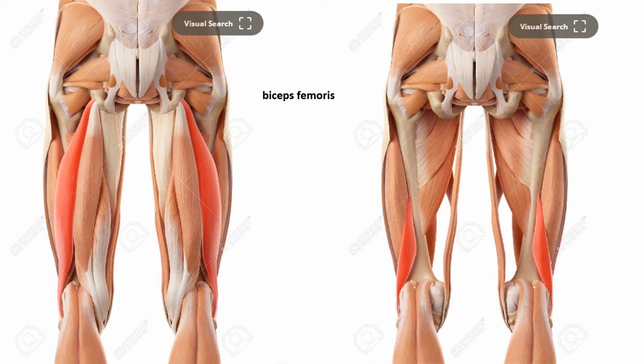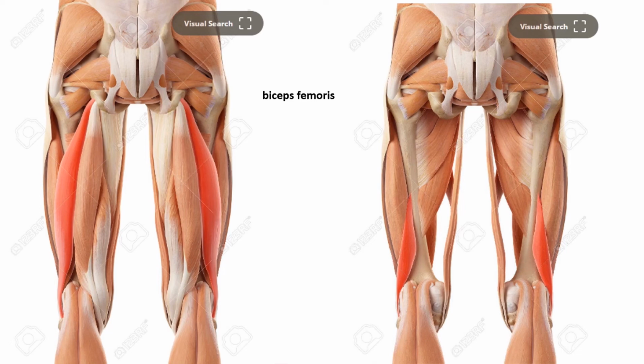Now the figure to your left, there is a red marked muscle which is lateral and in the posterior compartment of the thigh, a member of the hamstring group of muscles, and you can see that it is extending from the pelvis down to the tip of the fibula.